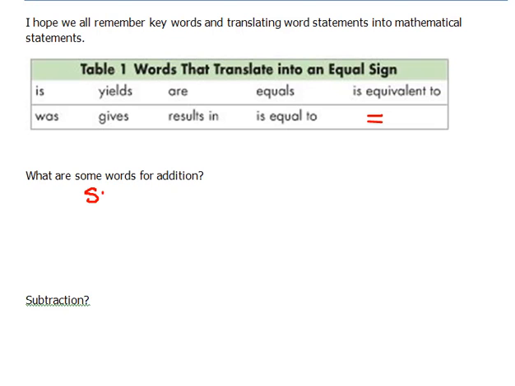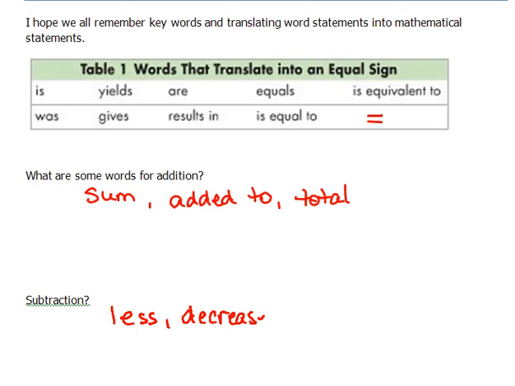Things like the sum or simply added to or total, something like that. Those usually mean for you to add. For subtraction words, you're looking for things like less or decreased by. You remember some words like that, I hope.